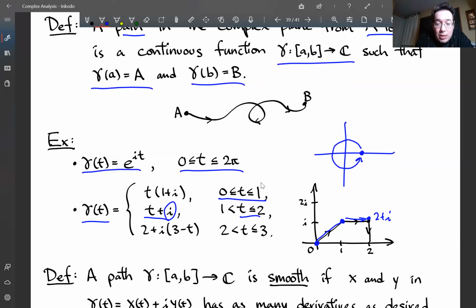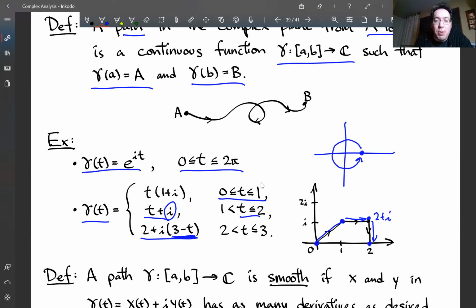And when t is equal to 2 in the third formula, it still starts at 2 plus i, but as t increases, the imaginary part decreases until it hits 0 when t is equal to 3. So this is a path that starts from 0 and ends at 2. And it makes 3 line segments. That kind of looks like that.